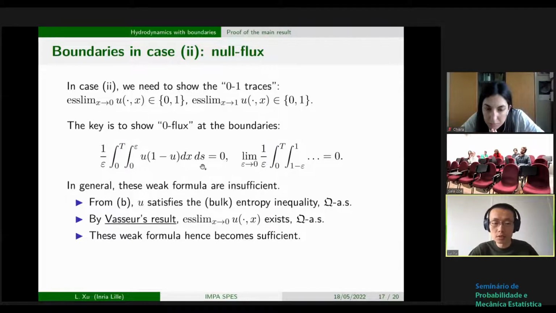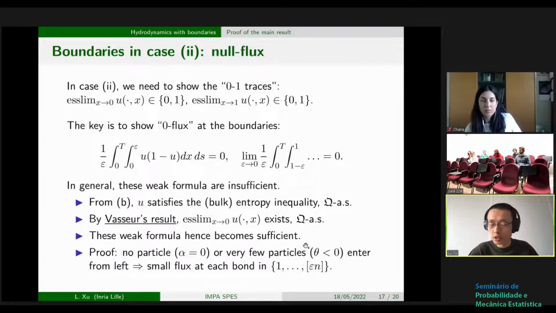Once we have this, then this weak form becomes sufficient to prove this strong form. So the logic is like this. I have to first show the entropy inequality. Then I show the existence of the boundary trace. Then I use the weak formula to prove this strong formula.